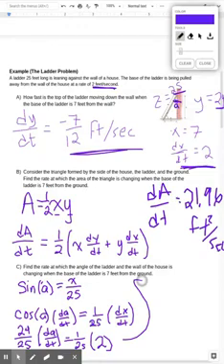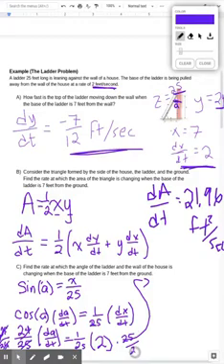So to solve for dA/dt, we multiply by 25 over 24 to both sides. That'll cancel out on the left-hand side. Times 25 over 24.